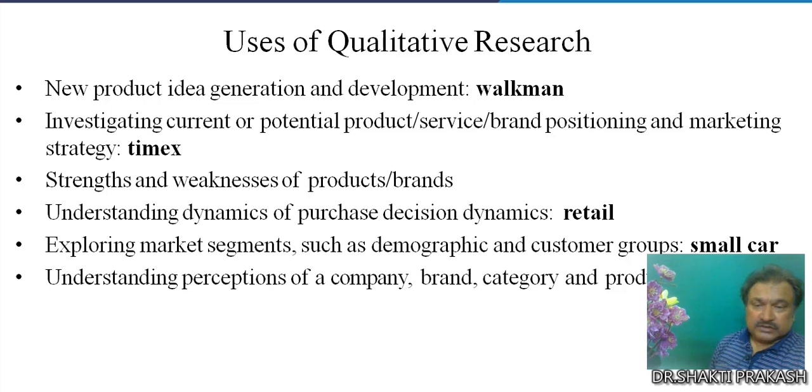Due to demographic research and segmentation, Ratan Tata saw a big segment of lower income groups, demographically a big segment, and approached it with a small car. Then there is understanding of the company and brand, category and product.